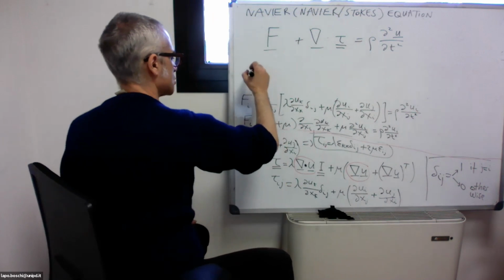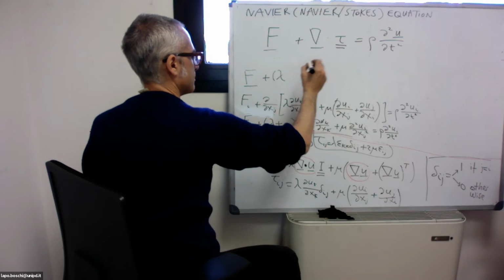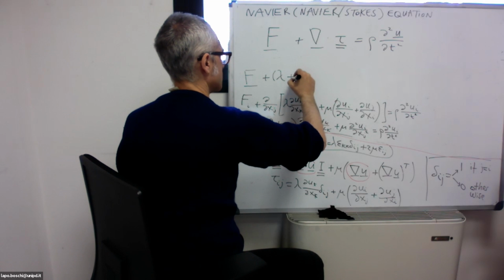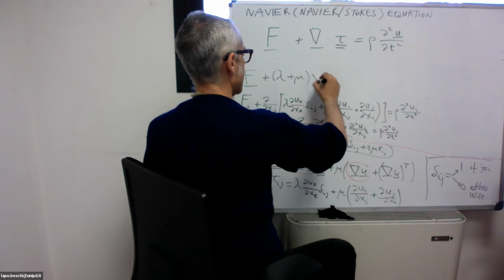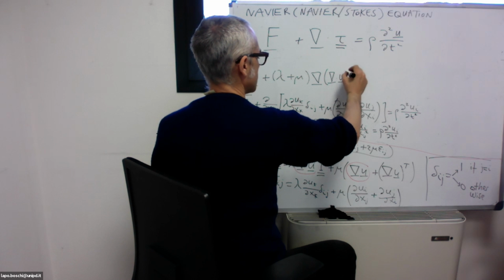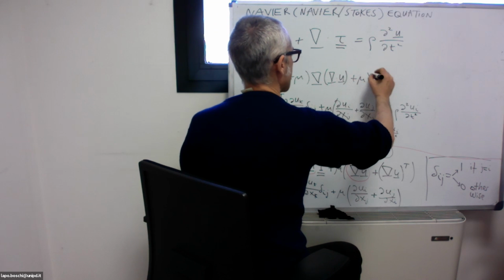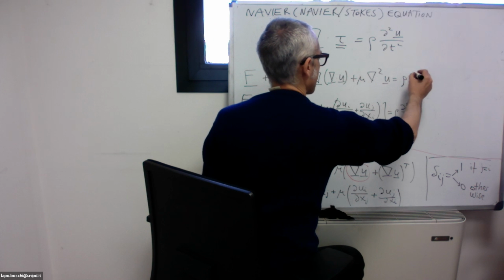In vector notation, you have f plus lambda plus mu times the gradient of the divergence of u, plus mu times the Laplacian of u, equals rho times the second time derivative of u. It gets difficult, I know.